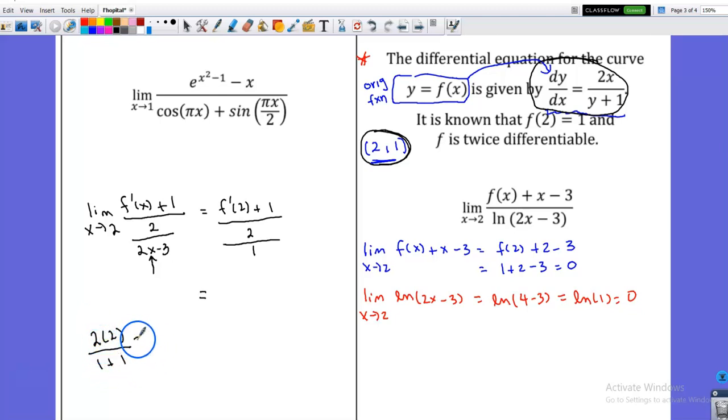So 2 times 2 is 4, 1 plus 1 is 2, 4 over 2 is 2. So f prime of 2 is 2, plus 1 over 2, 2 plus 1 is 3. So the y value this function would be approaching, as we approach an x value of 2, would be 3 over 2.